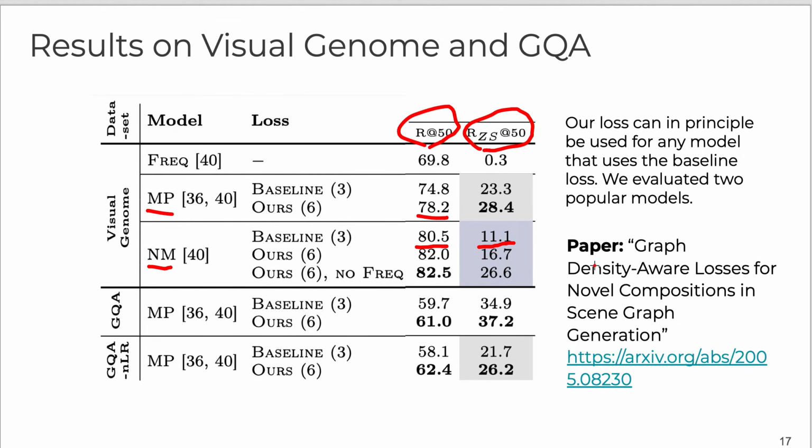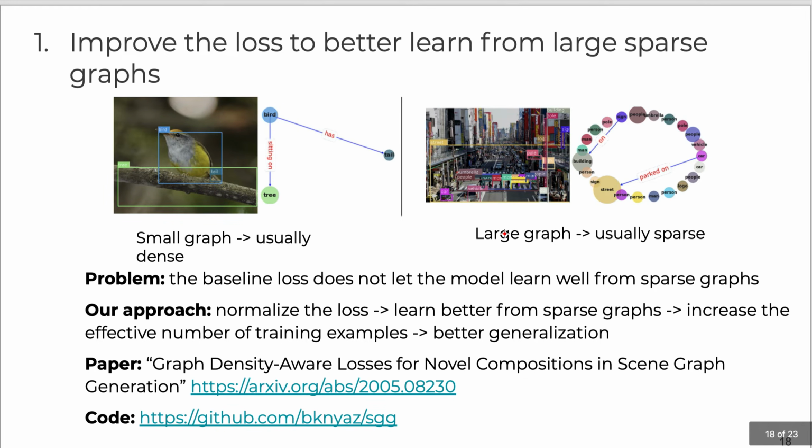And in our paper, this one, we show how to improve results on this compositional generalization for all models, and I'm going to describe this approach very briefly. So we found that the baseline loss used to train these models doesn't learn well from large and sparse graphs, and there are a lot of them in the training dataset, so the model essentially ignores half of the training dataset.